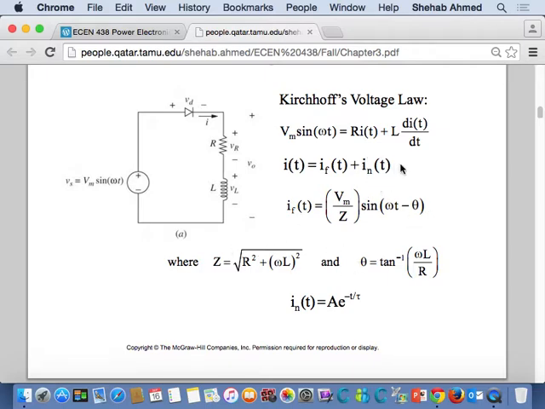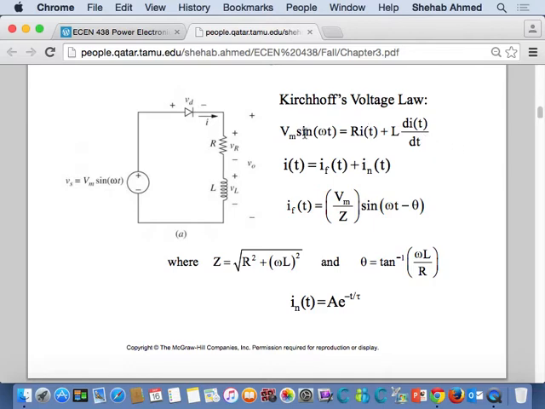How about the natural response? For the natural response, this source is now a short circuit. And the diode of course is a short circuit because I have current flowing in the circuit. So I simply have an RL circuit with initial current flowing through the inductor. So I basically remove this component of my differential equation and put a 0 here, right? What is the solution to Ri of t plus L di by dt equals 0?